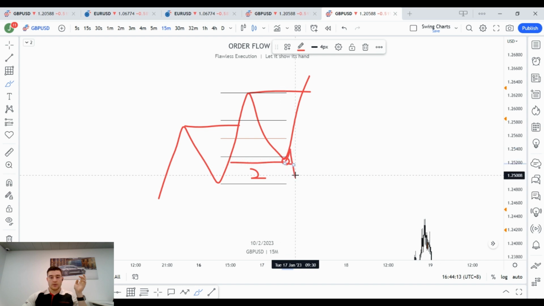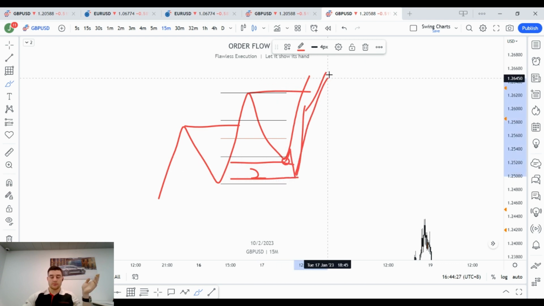I might take a loss or a break even here. And then I take the next one, and ultimately this is the one that puts in a higher high.